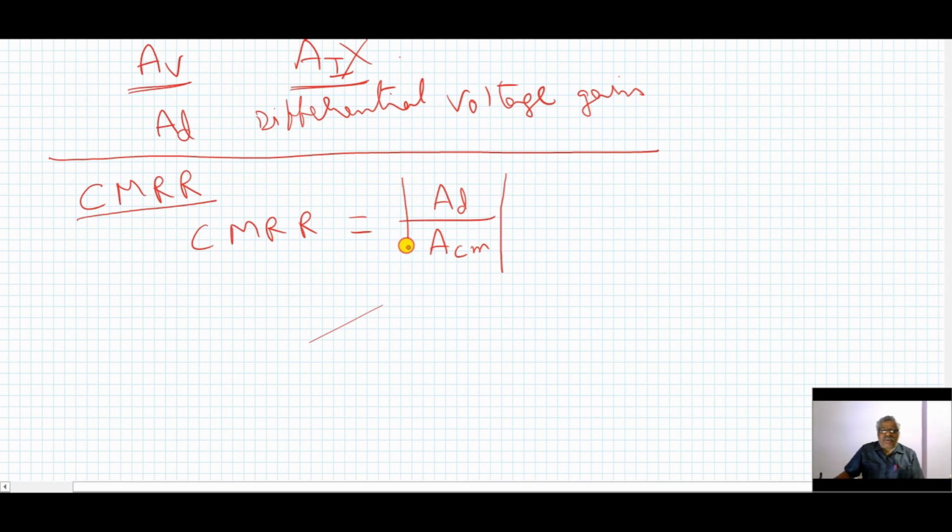Magnitude of this value is defined as CMRR. And this parameter tells us how much common mode signal is rejected. So actually, at the output of the differential amplifier, we want only the amplified version of the difference of the two input signals, not the common mode value. Common mode value is also called the average value of that.